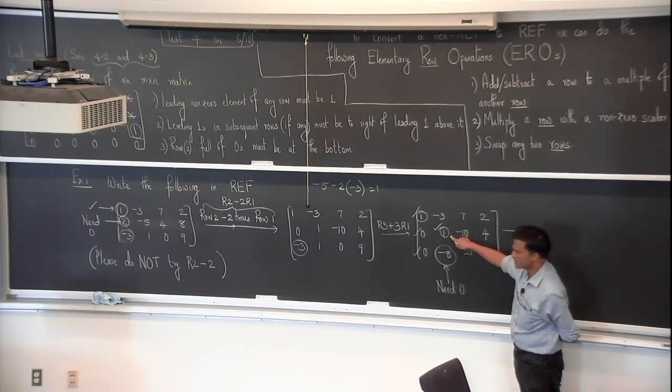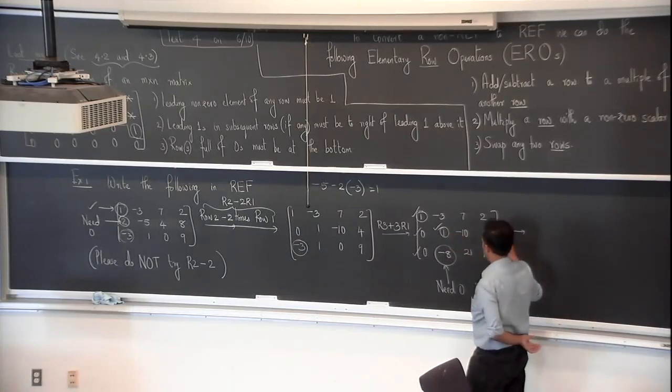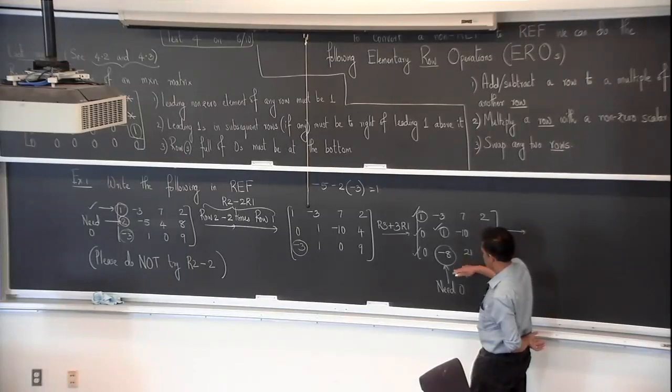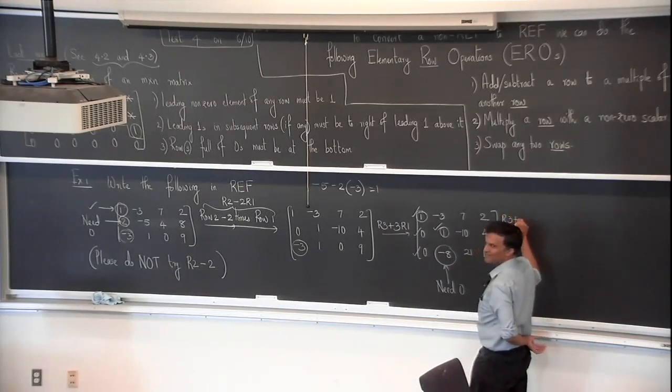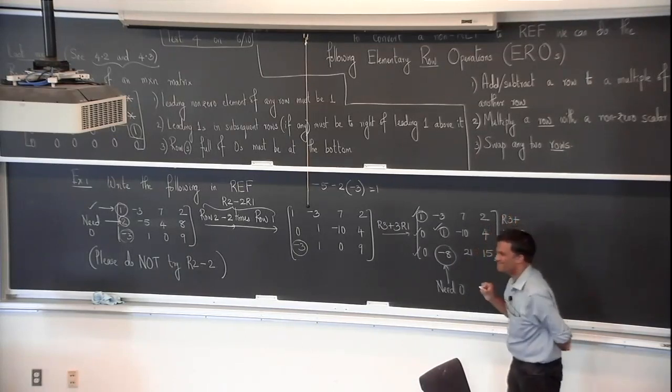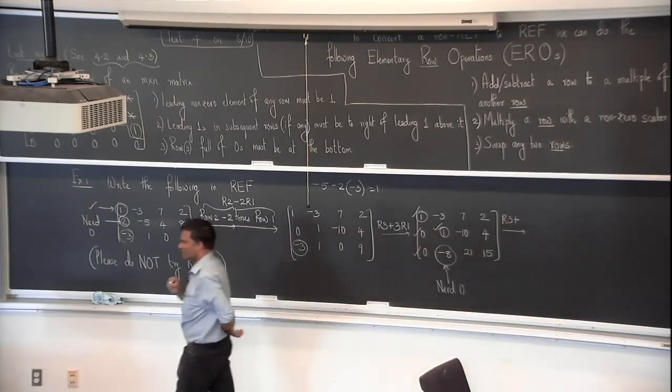The hint is in this 1. How do you do it? Yeah. Why would you do a 9? We need a 0 there. R3 plus, what is the number? 8 R2, right? Okay.